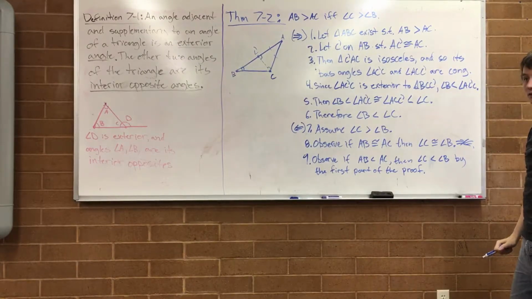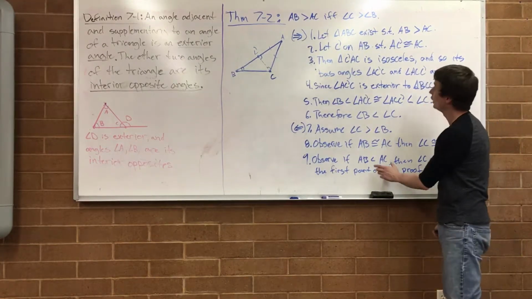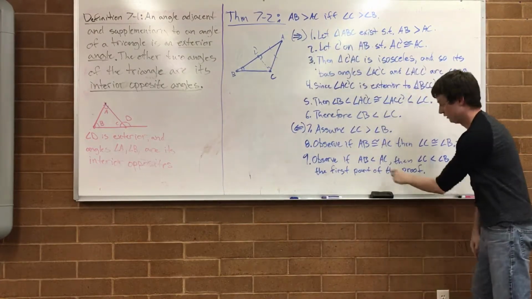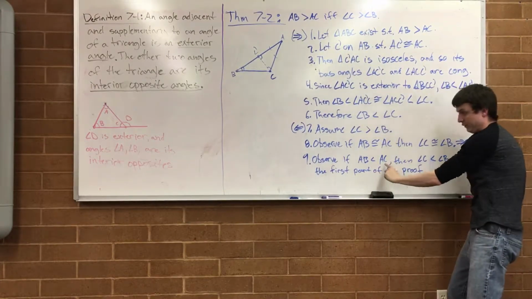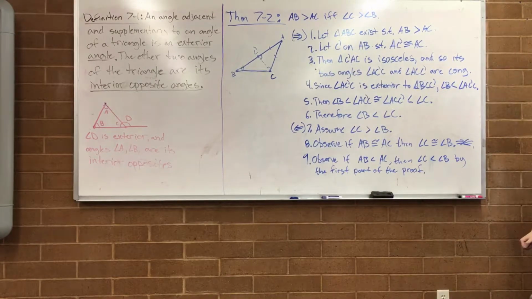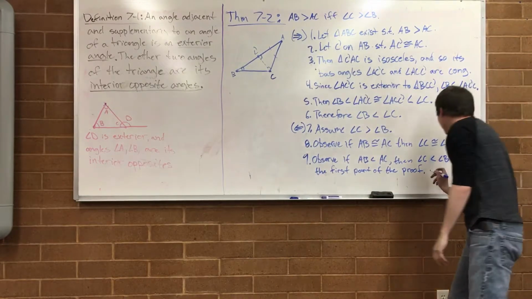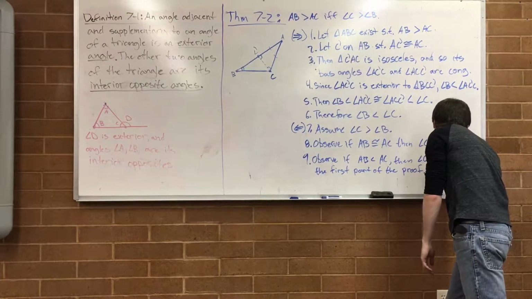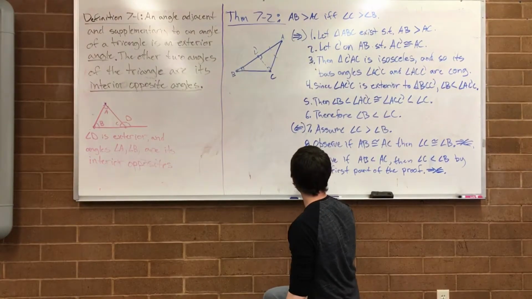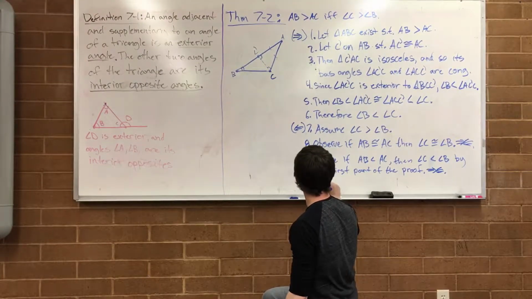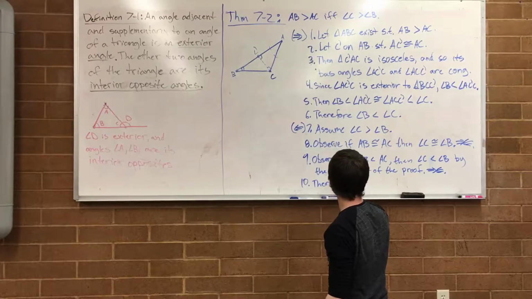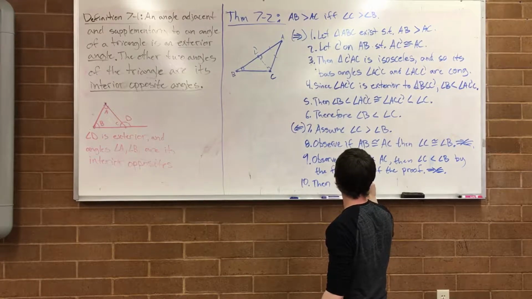The first part of the proof said, look, if this side's greater than this side, this angle is greater than this angle. So by the first part of the proof, if AC is greater than AB, angle B is greater than angle C. Which can't be true, because we already know that angle C is greater than angle B. Then AB has to be greater than AC.